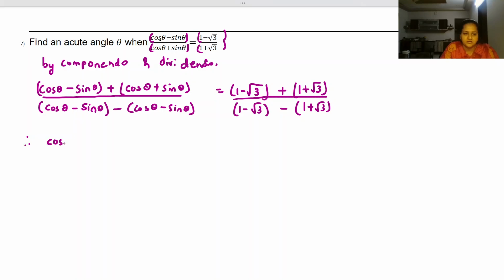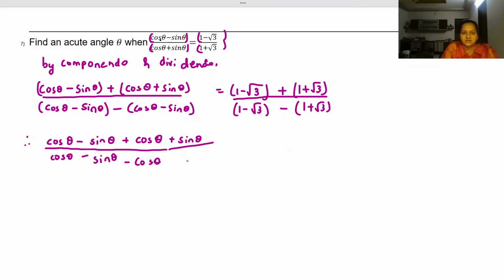We get cos theta minus sin theta plus cos theta plus sin theta. Because there is plus in the numerator, the signs would not change. Right? Over here, we are going to get in the denominator cos theta minus sin theta minus cos theta plus sin theta is equal to 1 minus root 3.